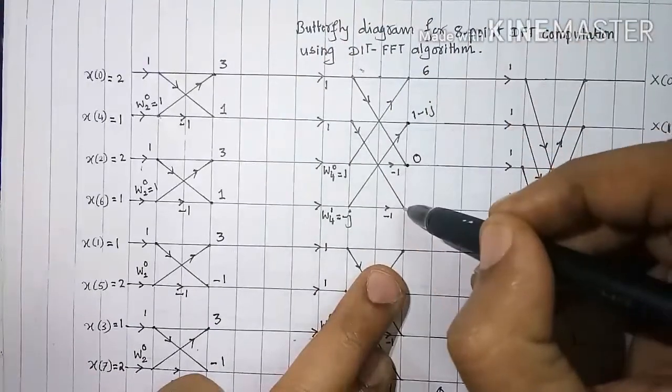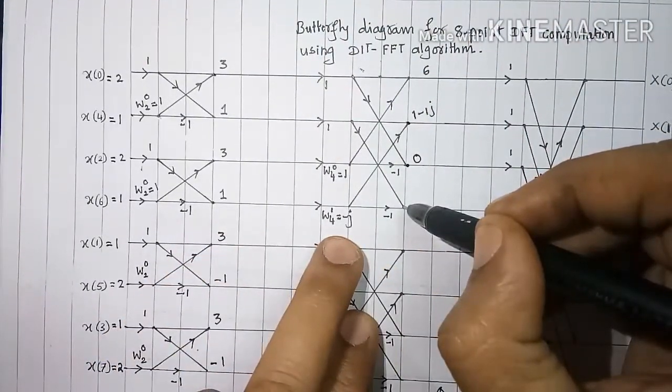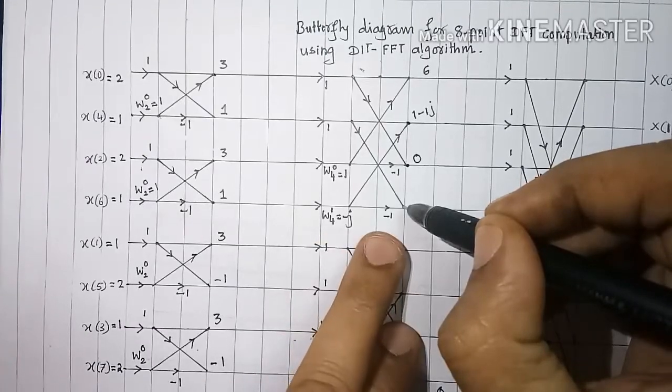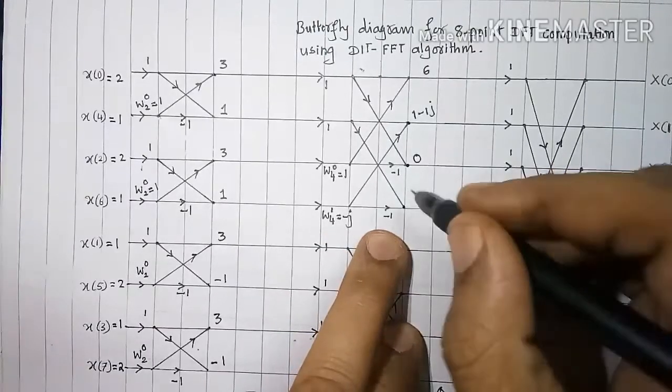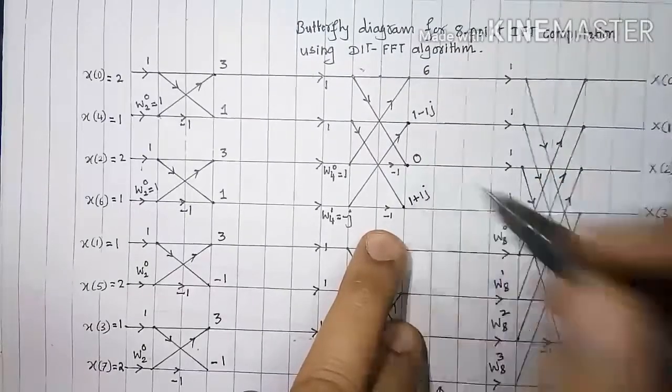One into 1, 1, 1 into minus j into minus 1 plus j, so it will be 1 plus 1j.